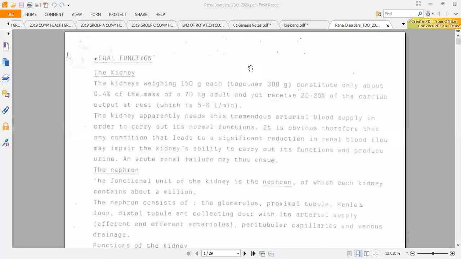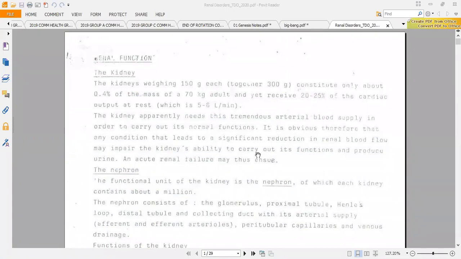Now, for most organs, blood supply is just for nutrition. But when we come to the kidneys, blood supply is not only for nutrition, but also for filtration and excretory purposes.